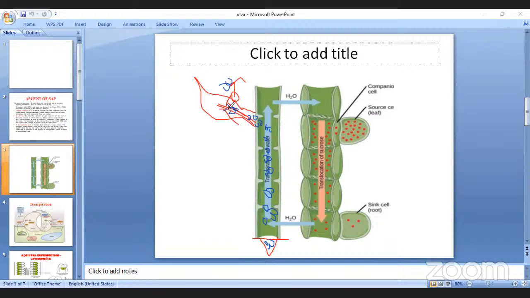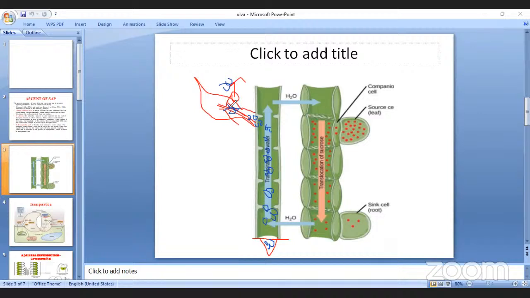Here, where the 10 water molecules are lost, a gap is formed. Actually, this place is enough for only 100 water molecules, but during transpiration 10 water molecules evaporated. So tension is created, a gap for how many molecules?